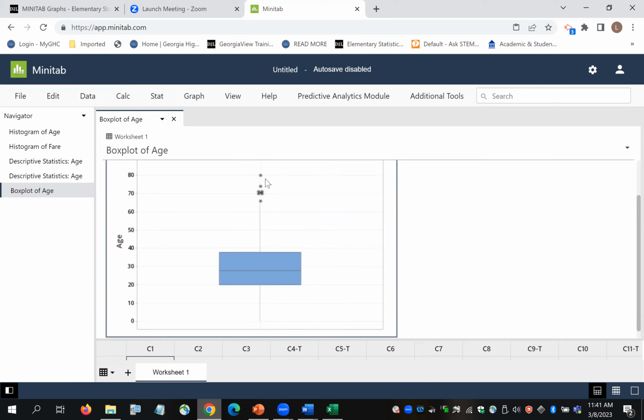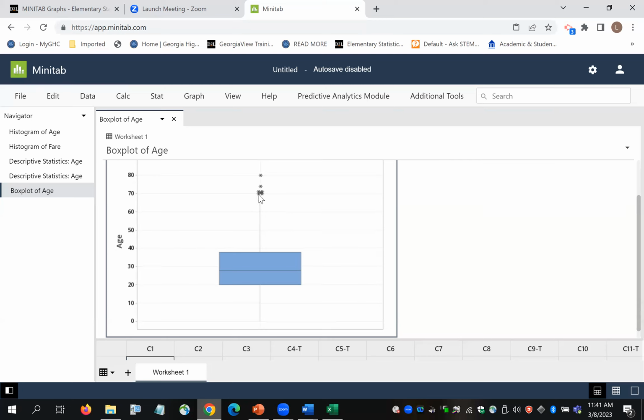Guys, those asterisks are the visual display of the outliers. So even though when I looked at the histogram a while ago I said I don't think there's any outliers, looking at the box plot has visually indicated that these values where these stars are, this first star is at 66, that the age of 66 is an outlier.